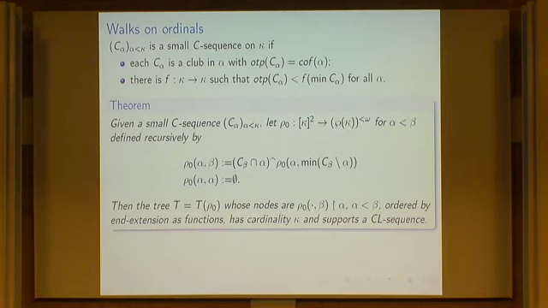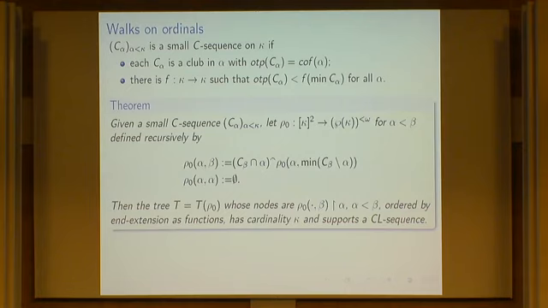So then the theorem says that given a small C-sequence, if I consider rho_0, this function from pairs on kappa into finite sequences of subsets of kappa, which takes a walk from beta to alpha using the C-sequence, and I take the initial parts of them, the parts which are below alpha.